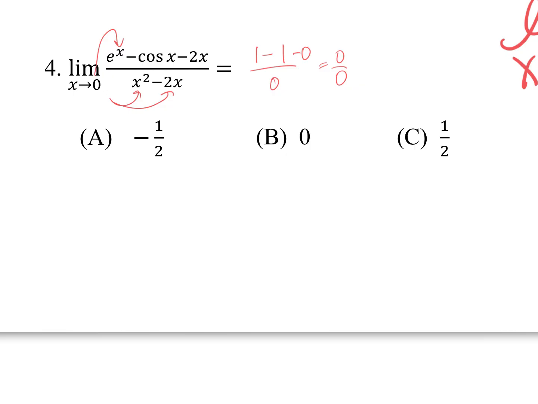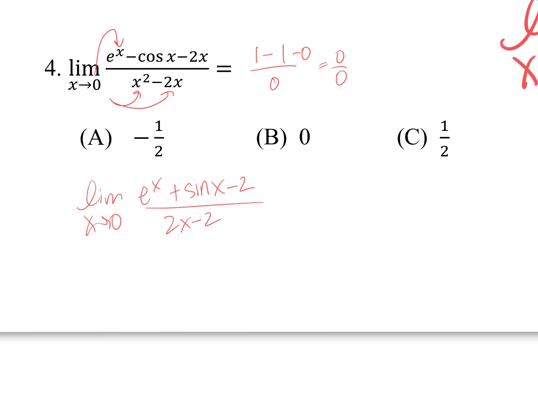We're using Lopi. Derivative of the top. Derivative of e to the x. e to the x. Derivative of negative cosine. Positive sine. Derivative of negative 2x. Minus 2. Over. Derivative of the bottom.